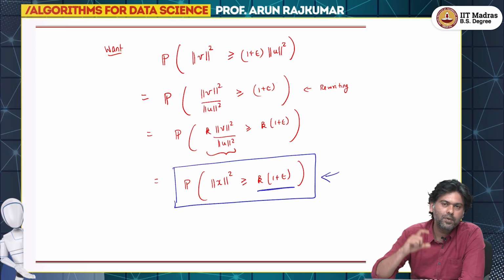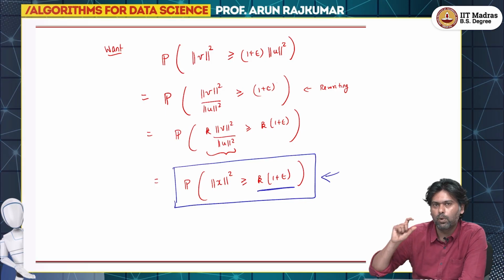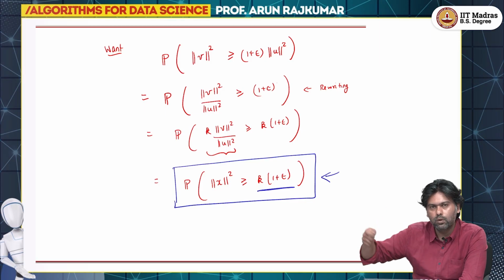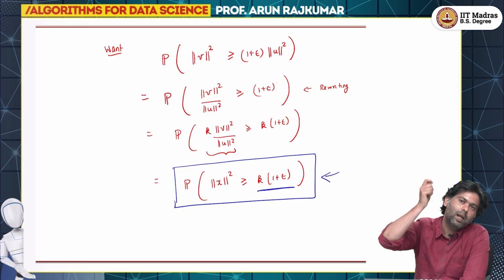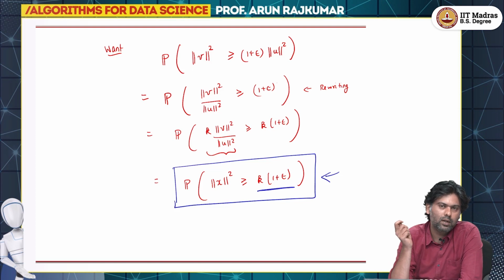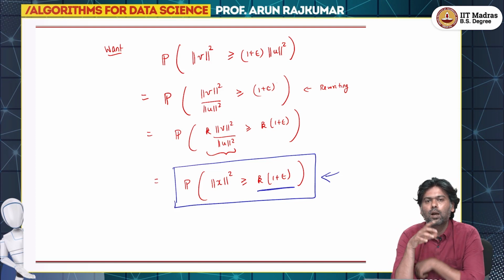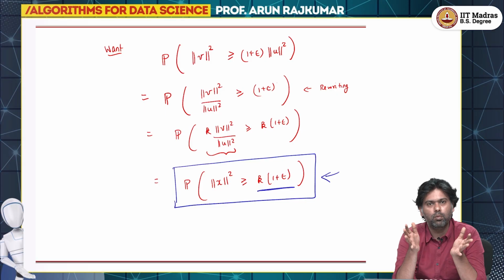If we somehow manage to show that this probability is small using all the tools and techniques that we have, then we have hit the jackpot, because then we have a way to transform any high dimensional vector to a low dimensional vector such that the lengths are approximately preserved with very high probability.